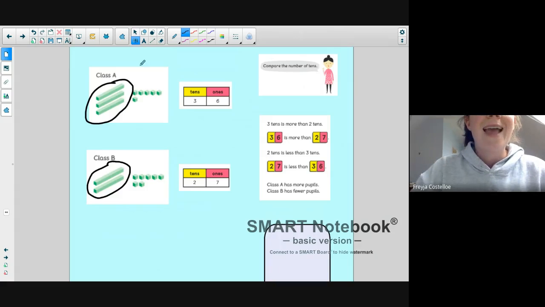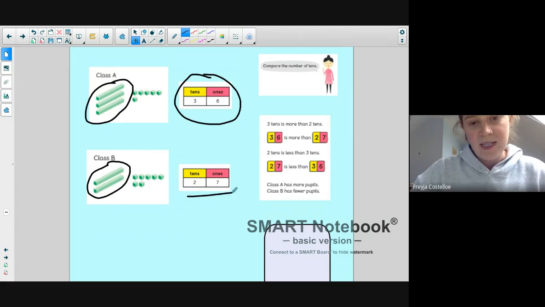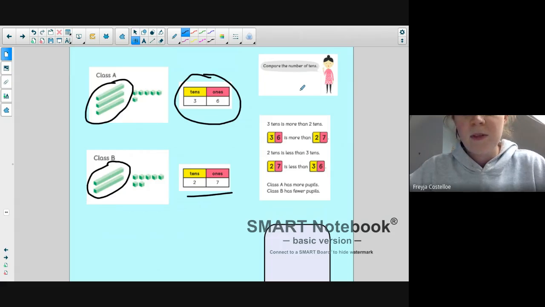It's class A. Class A with 36 children in it, as opposed to class B with only 27 children in it. So we have to remember this. It's what our friend has told us up here. I can't remember what this girl is called, but she has told us that we need to always compare the number of tens before the number of ones.